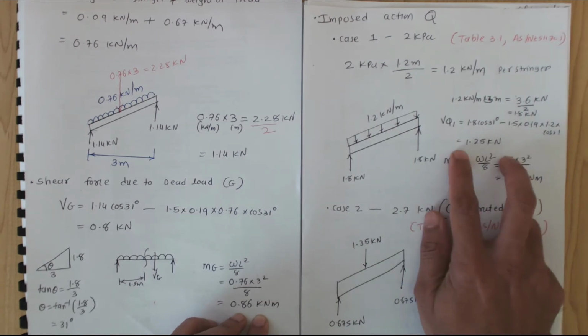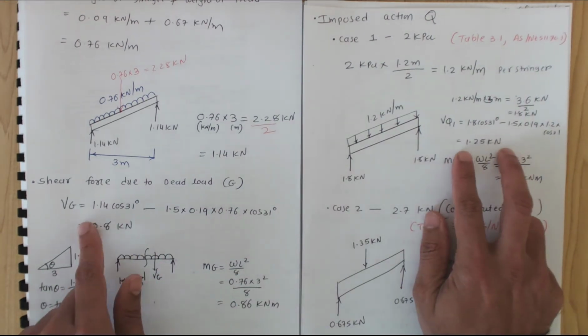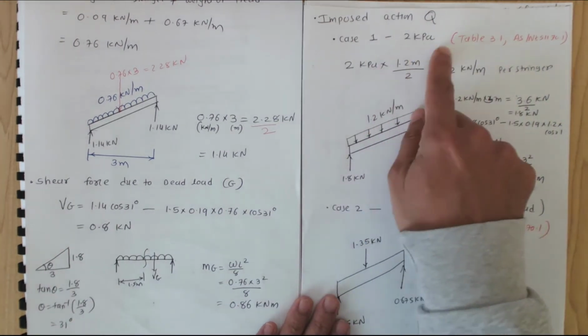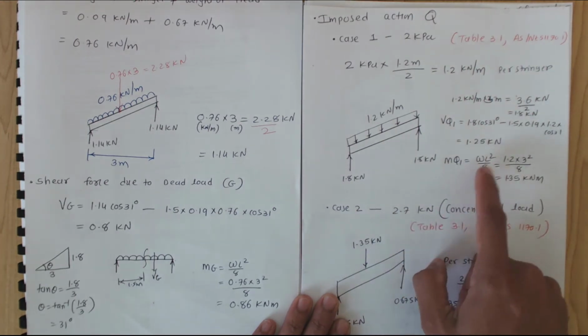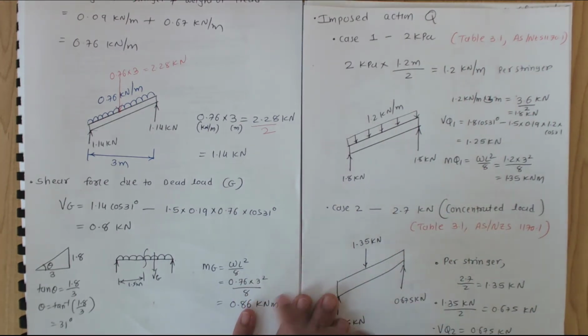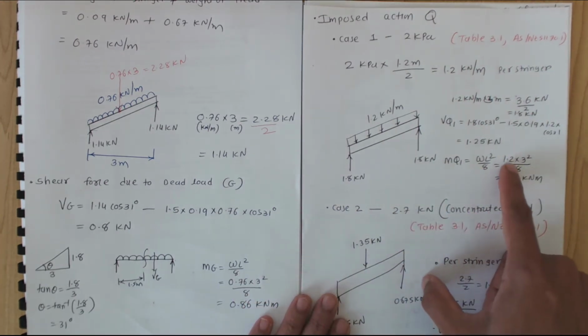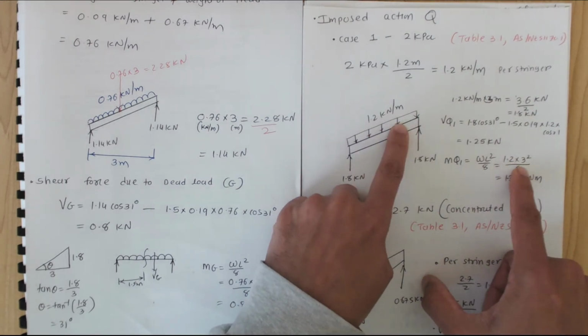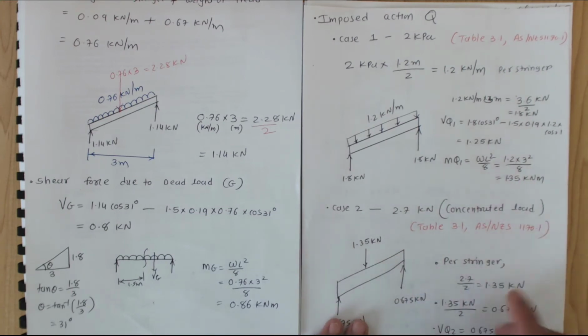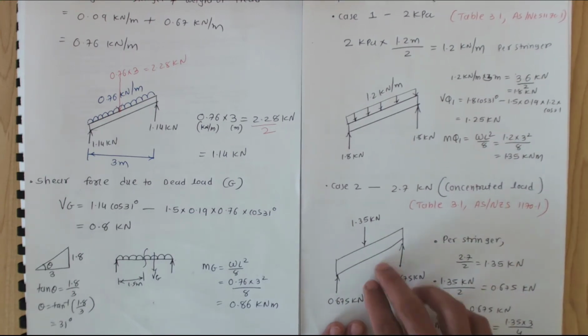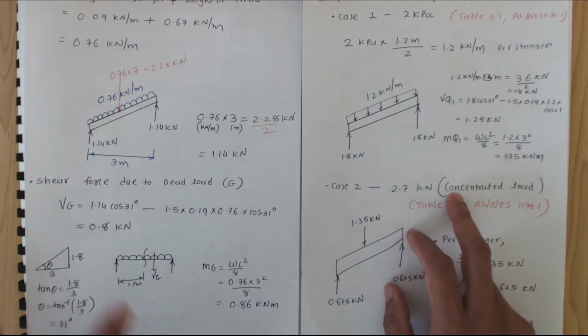That is the shear force due to the live load for case number 1, 2 kilopascals. For the bending moment in case 1, WL squared over 8, same as before, gives 1.2 UDL load times 3 squared over 8, which is 1.35 kilonewton meters.